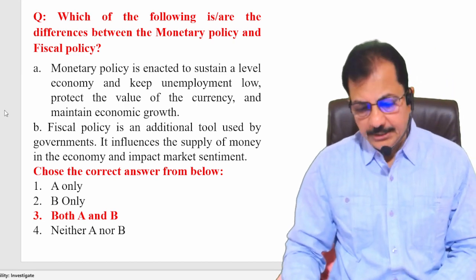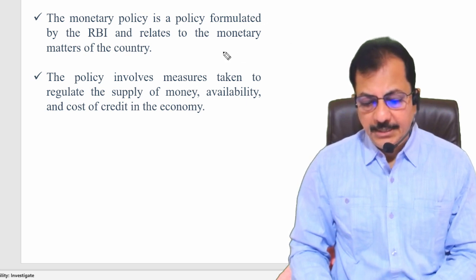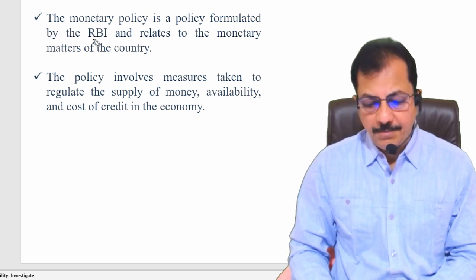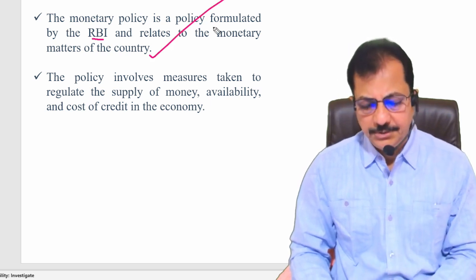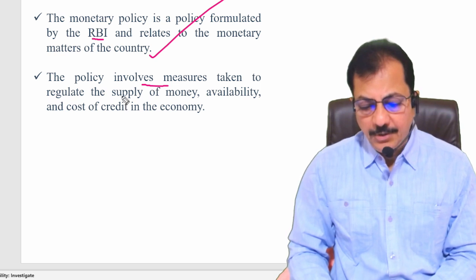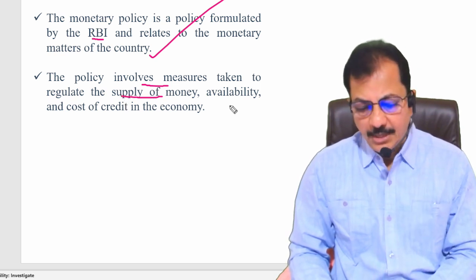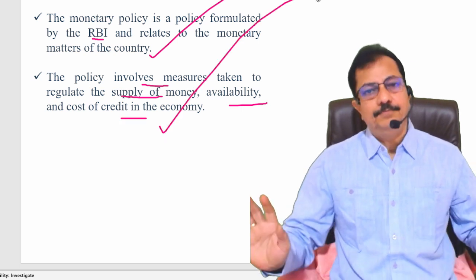Now let's go ahead. Look at this. The monetary policy is a policy formulated by RBI and relates to the monetary matters of the country. We know this. The policy involves measures taken to regulate the supply of money, the availability of money, and the cost of credit in the economy. That's it.